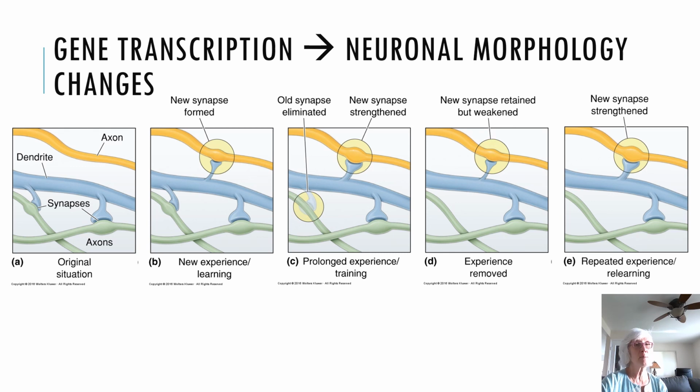After a learning experience, you see in the second panel to the left that a new synapse has formed as a result of that experience. And that new synapse forming is preceded by gene transcription and protein synthesis. We see in the middle panel that with prolonged experience or prolonged stimulus, LTP is strengthened even further.